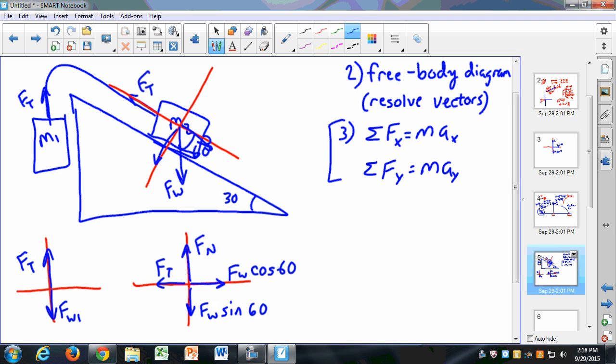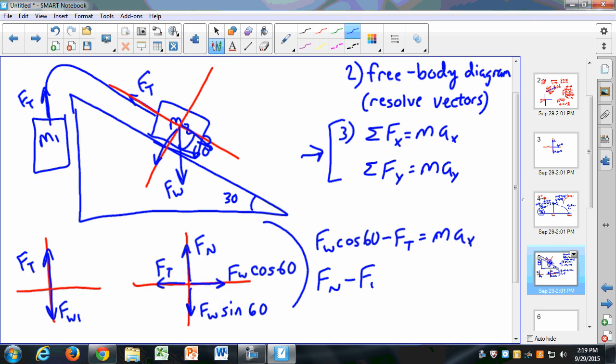Okay, so now I apply Newton's second law. I say the sum of the forces in the x direction, looking at this one, is FW cosine 60 minus FT equals MAX. Sum of the forces in the y direction, Fn minus FW sine 60 equals MAY.